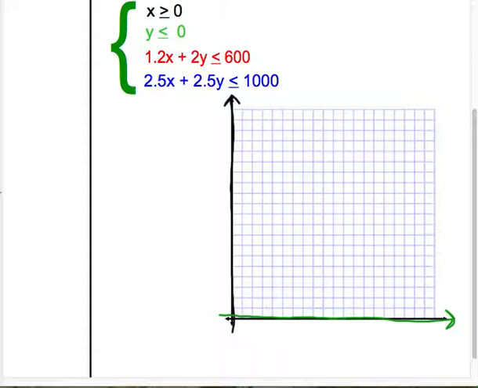All right, so our red inequality, I'm going to graph using the intercepts. I'm going to take 600 divided by 1.2 to get my x-intercept of 500. And I think I'm going to scale my graph by 50s, maybe 25.